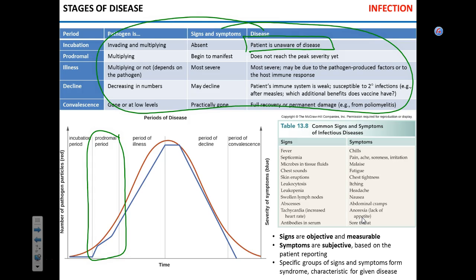The microbe is still multiplying, causes some immune response, and then the prodromal period goes into the period of illness. Is there an exact line that you can draw between the two? Usually not, because symptoms just gradually increase. They can increase faster or slower. There is no exact characteristic.